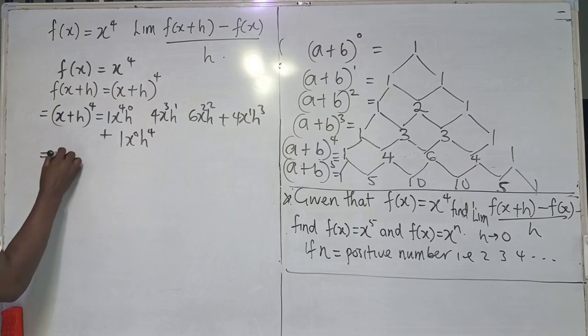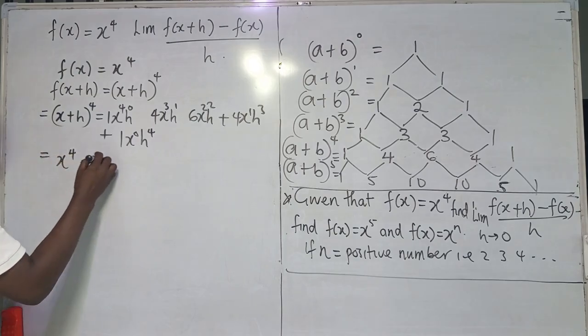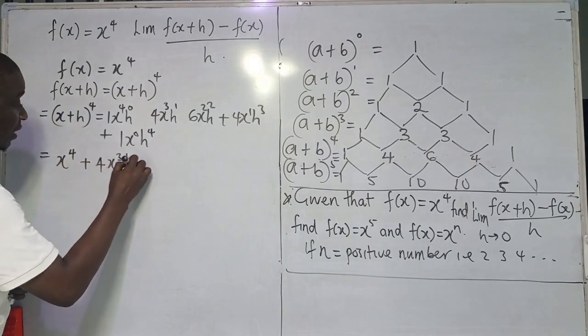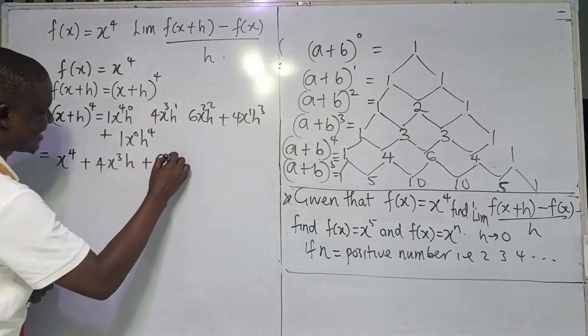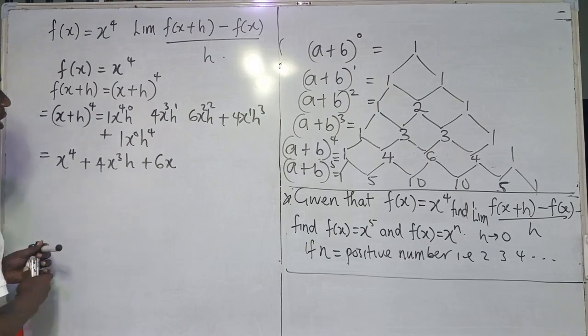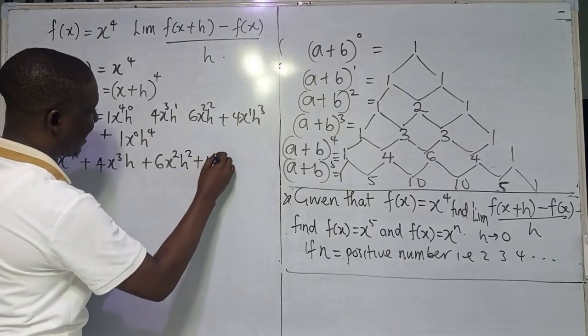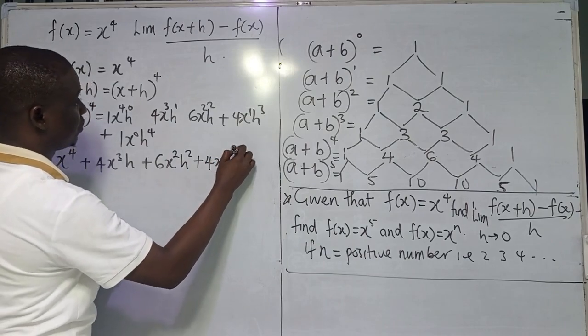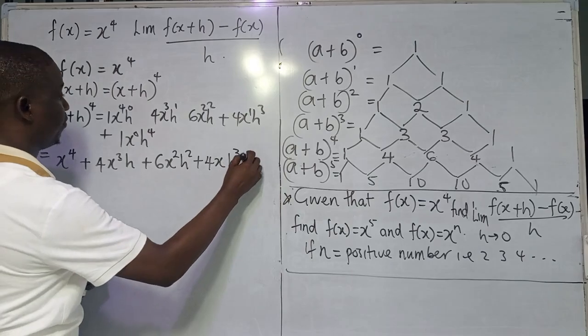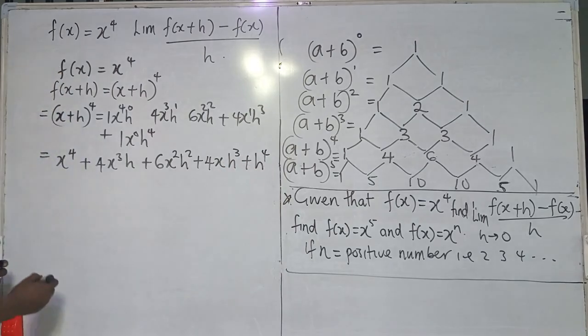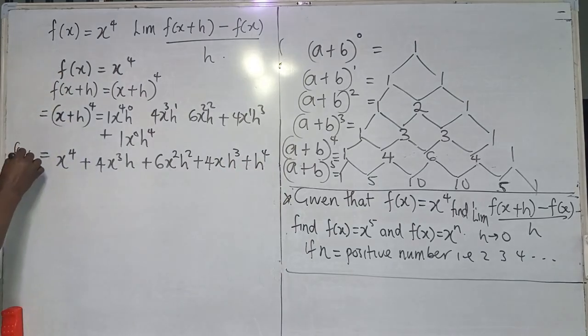So this will now be x to the power 4 plus 4x cubed h plus 6x squared h squared plus 4x h cubed plus h to the power 4. That is our f of x plus h.